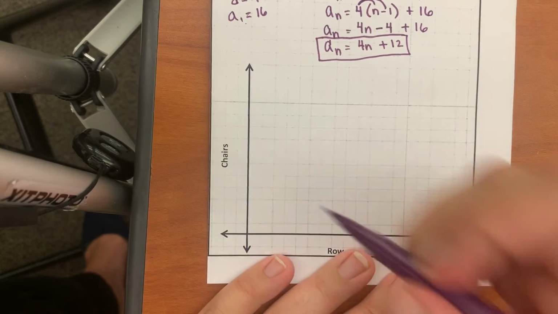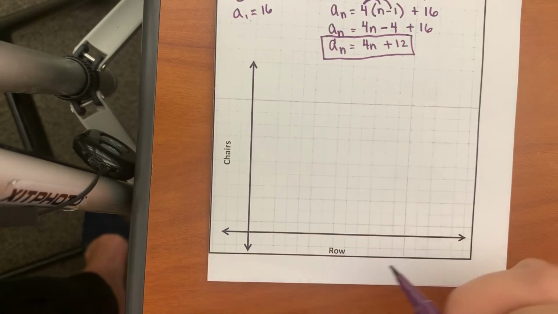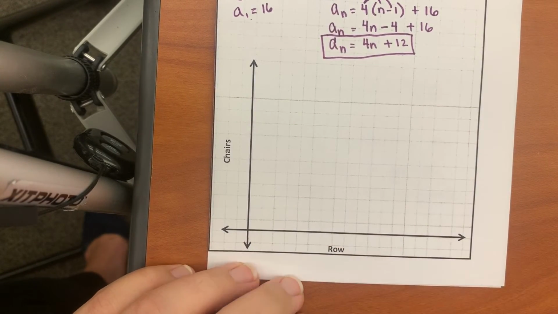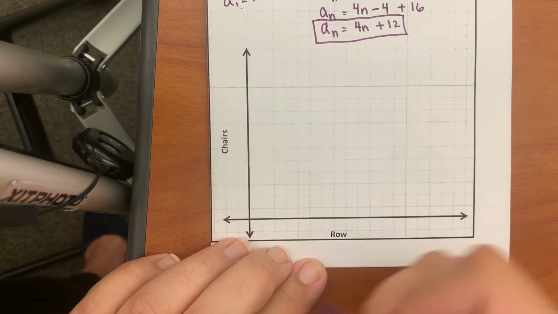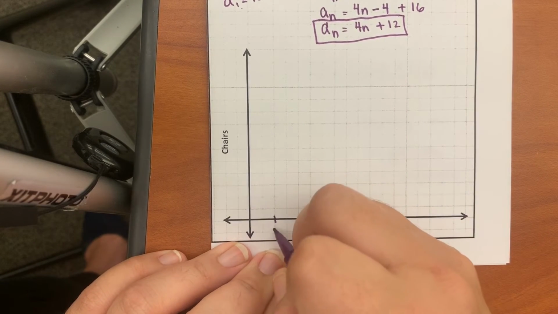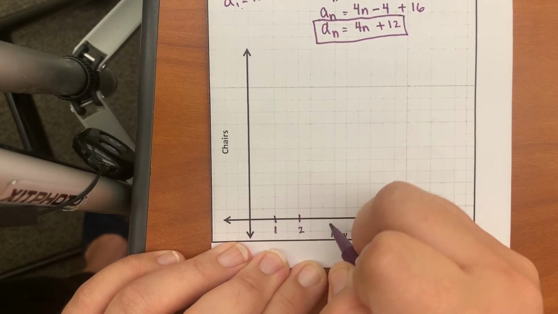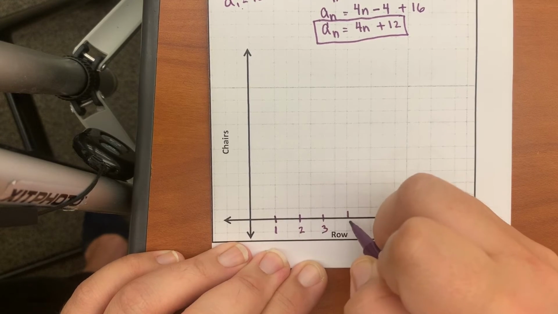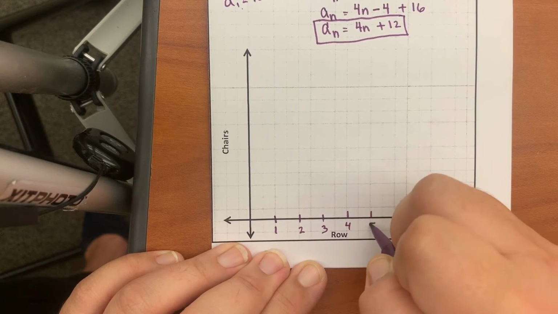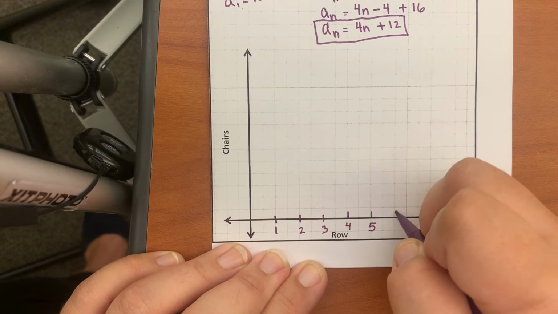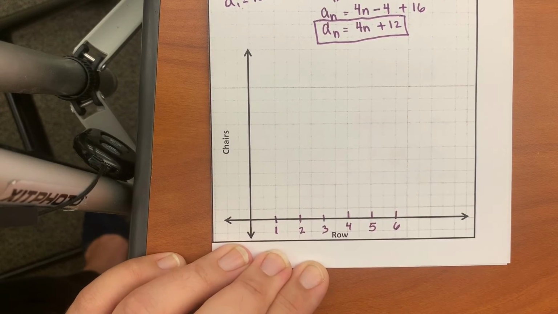We're going to make a graph with our number of chairs on the y-axis and our number of rows on the x-axis. So I'm going to spread out the number of rows. I'm going to go every other box and make 1, 2, 3, 4, 5. We have 6 in our table, so I'm going to go at least that far.